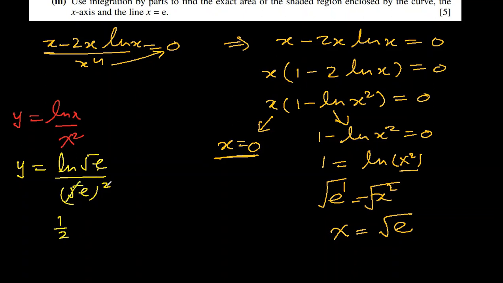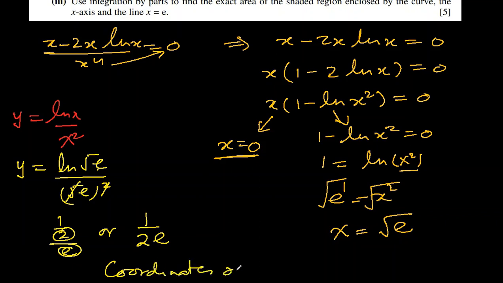The square root and square cancel out. So half over e, or 1 over 2e, is the y coordinate. So coordinates of M are square root e, which is x, and 1 over 2e, which is y.